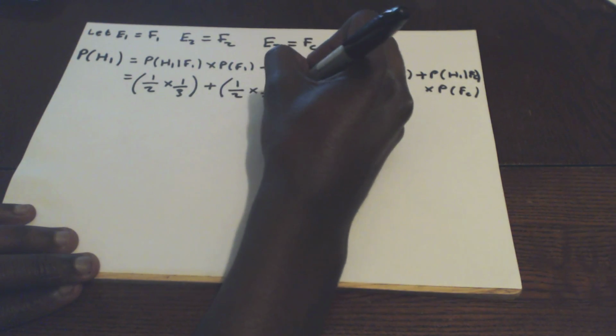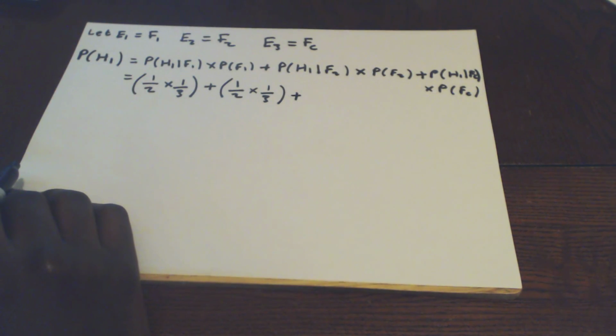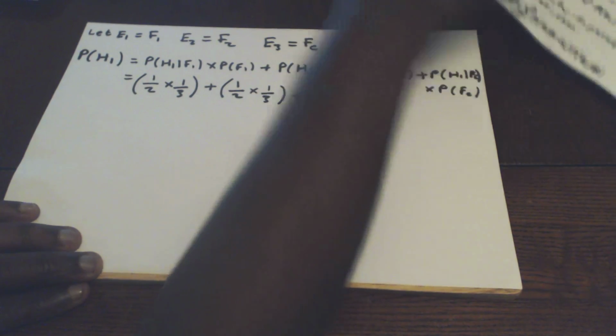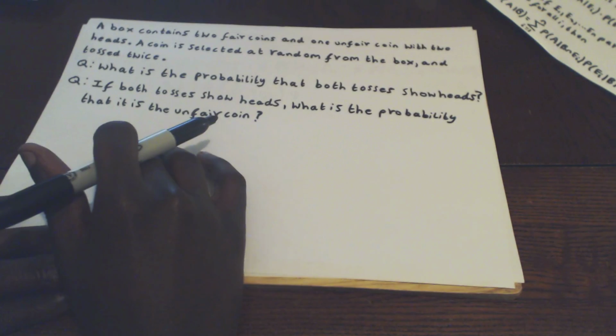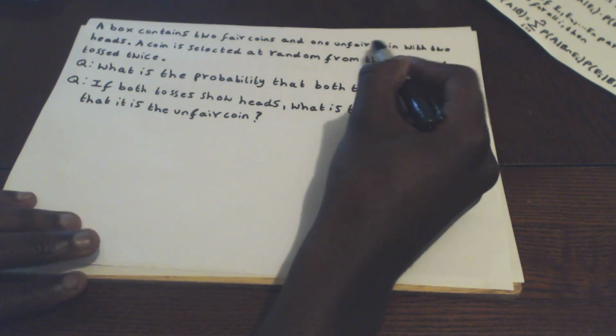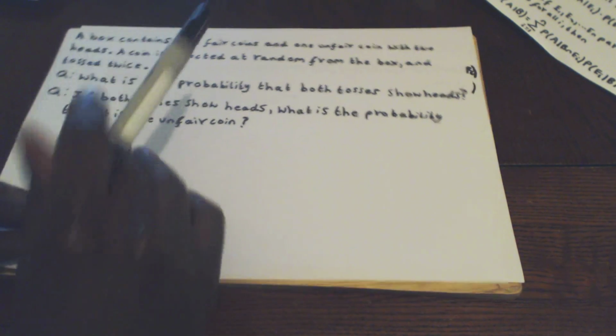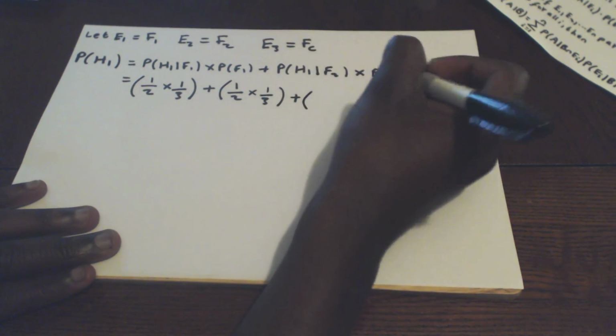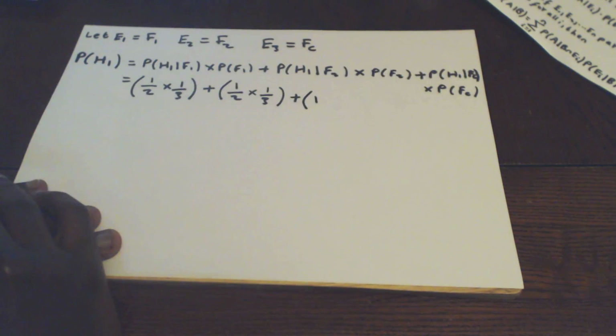So now we've got the probability of H1 given that we've got the bias coin. Well, the bias coin, or the unfair coin. What did we say about the unfair coin? It had 2 heads, right? So the probability of getting heads, given that you've got the bias coin, is the certain event, 1, because both sides have heads.